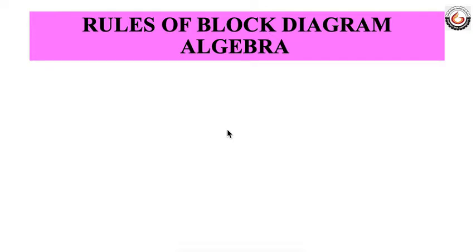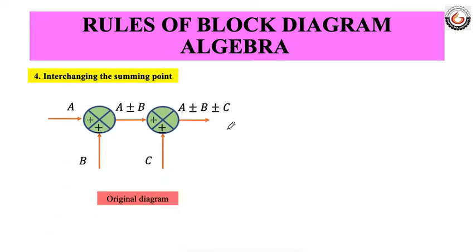Now some more things which we can do with these block diagrams. Say I have summation points here, and you call this as 1 and this as 2, and I want to interchange them in a way that I put 1 here and 2 here. What should not change is the output signal, right? If I change them arbitrarily, then what is coming out here may change. So I don't want to do that.